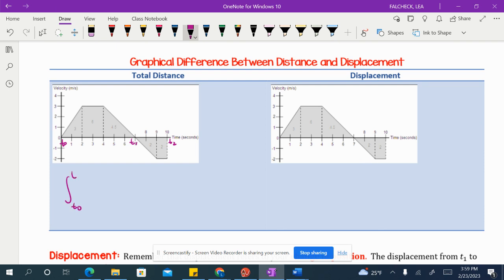Between time 0 and time 1, we are finding the area under the curve of this one. And then we are adding it to the area under the curve of this one. However, it's negative, so what we're going to do is subtract its area, because that will then give us a positive area.